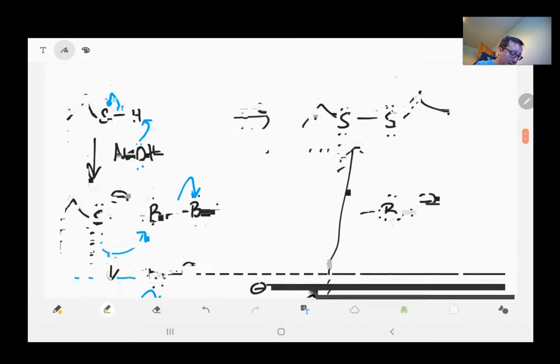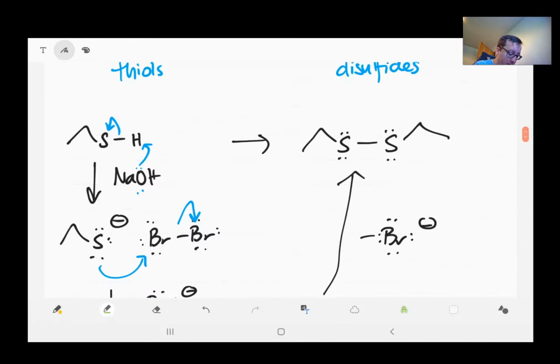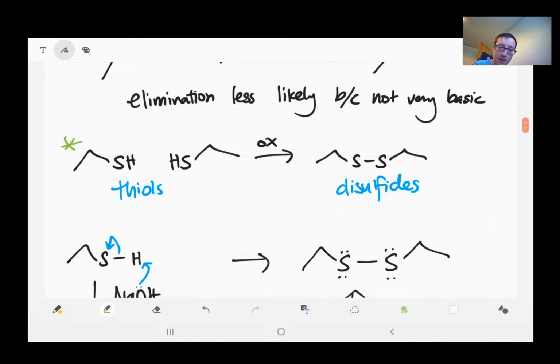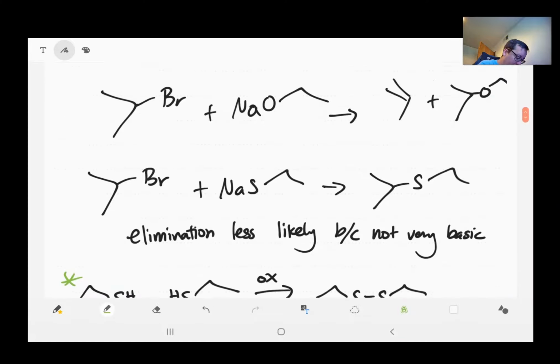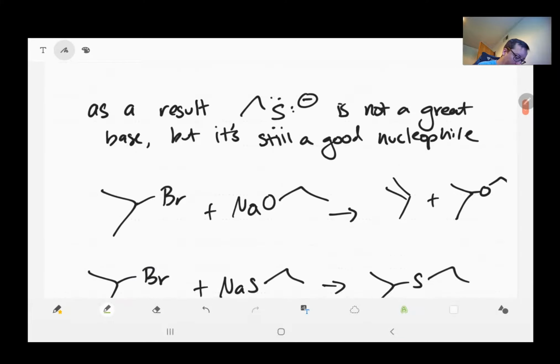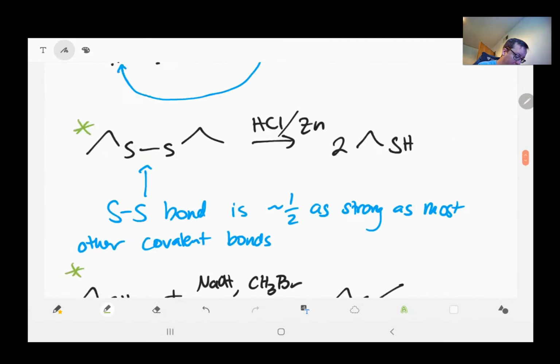This is one mechanism for an example. I don't need you to focus on this one. I'm happy if you understand this top line here: 2 thiols plus an oxidizing agent, you get your disulfide. And this little bit here. Okay, I would say those are the important bits.